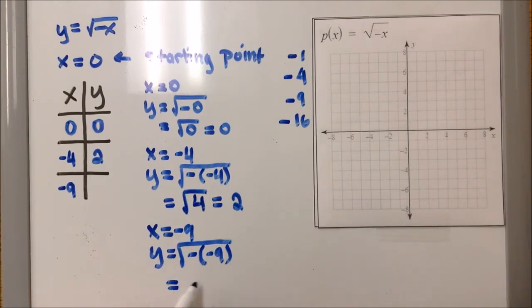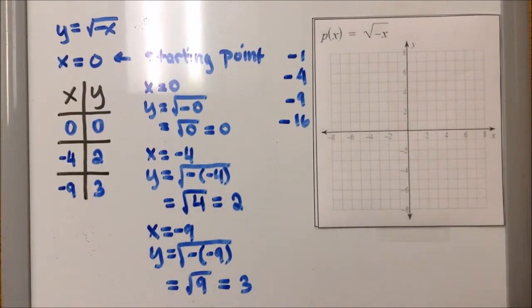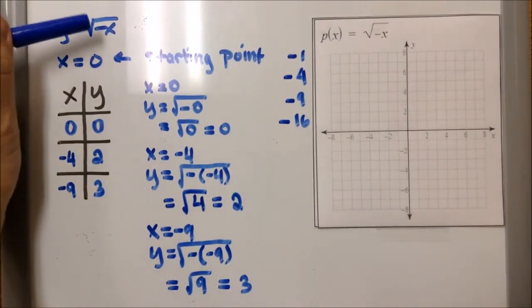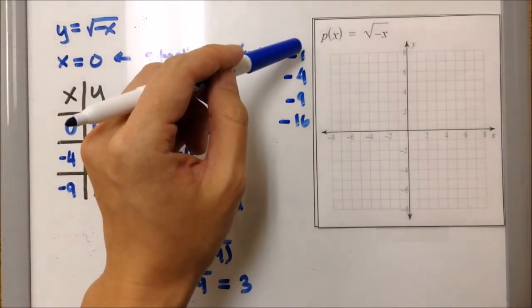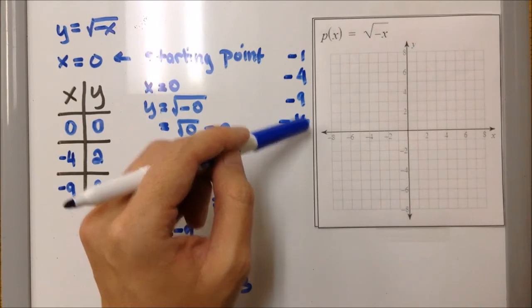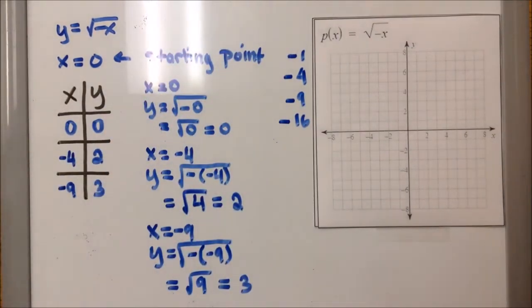That will change into a +9, and since it's a positive perfect square, we can do the square root of it, which is 3. So when it comes to the square root of -x, we can not only look for perfect square numbers, we have to look for negative perfect square numbers. In this case only. We got our 3 points.